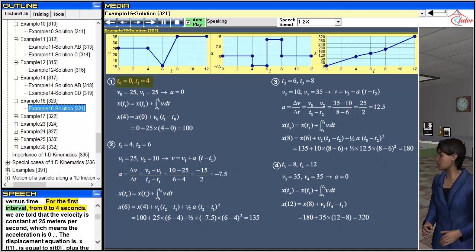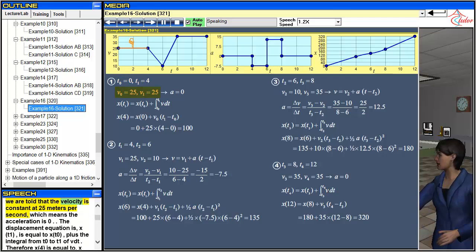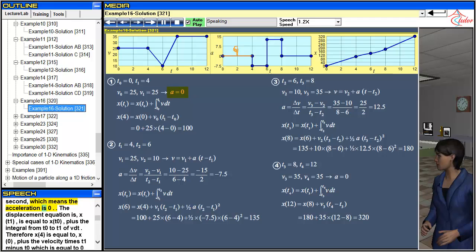For the first interval, from 0 to 4 seconds, we are told that the velocity is constant at 25 meters per second, which means the acceleration is 0. The displacement equation is, x at time t1 is equal to x at time t0, plus the integral from t0 to t1 of v dt.